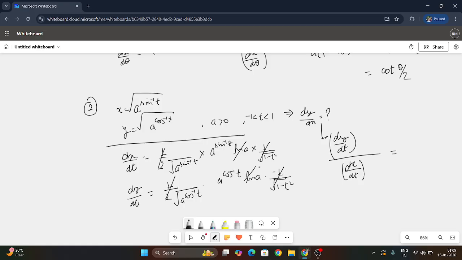If you solve these two, you will get minus root of a to the power cos inverse t divided by a to the power sine inverse t, root of this. So this is going to be minus y by x, because this is the value of y and this is the value of x. So this is the way of getting the answer.